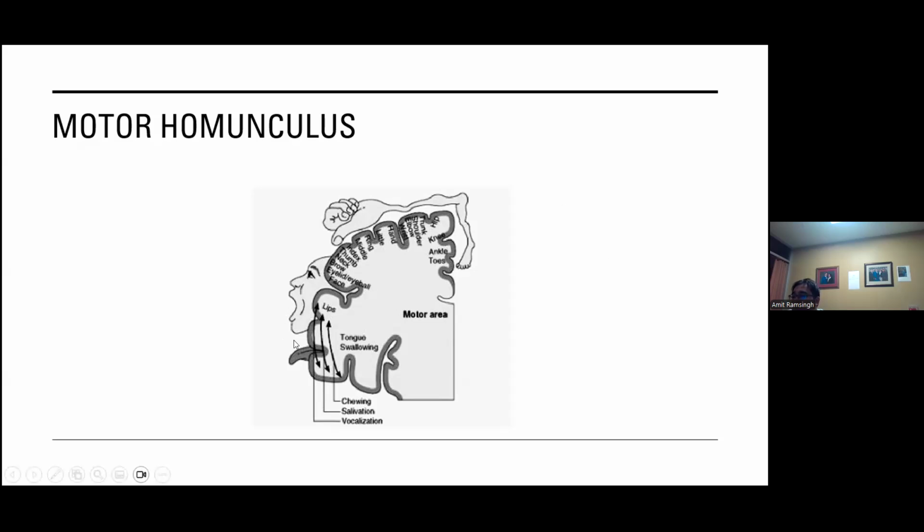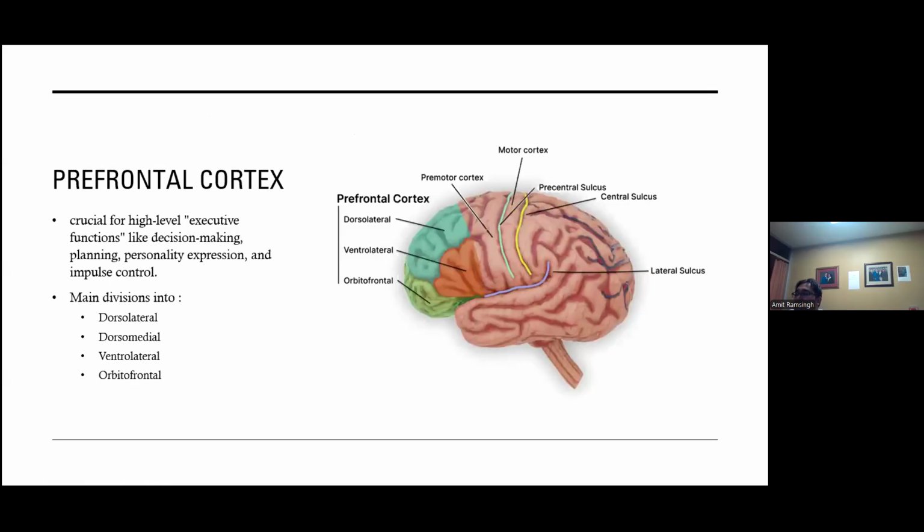The tongue, the mouth, the pharynx, the lips, fingers, the thumb, a large portion of that is subserved by the motor area relative to areas such as the lower limbs, right? And that represents the amount of pyramidal tracts as well as the dexterity of these areas. And as we will see when we talk about the somatosensory area, there's also a sensory homunculus.